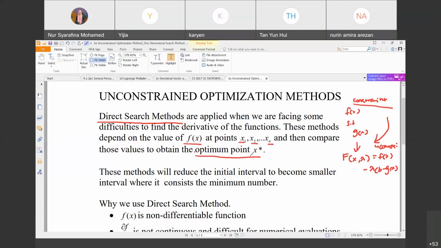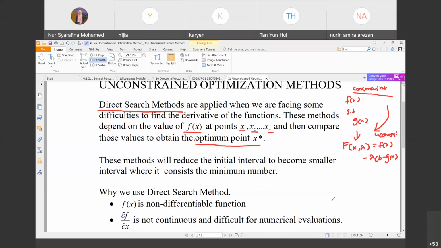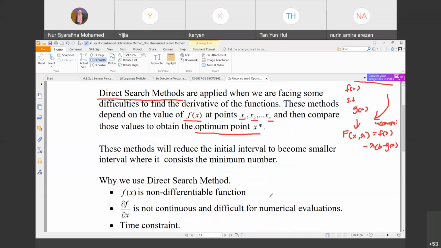Maybe one iteration, maybe two iterations, up to however many iterations you need until you find the optimum point. Understand? Then this method will reduce the initial interval to a smaller interval which contains the minimum number.